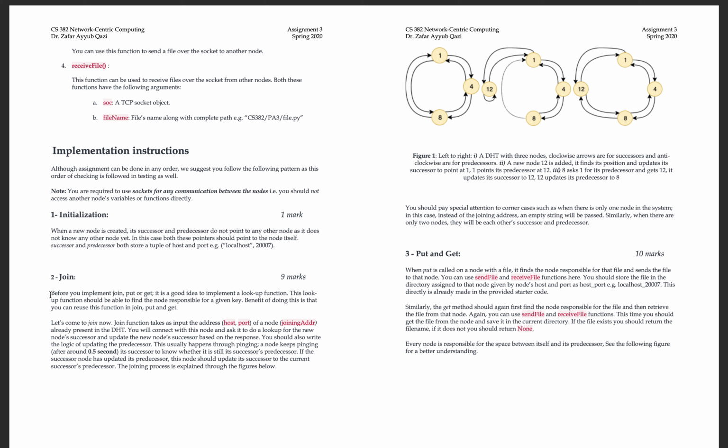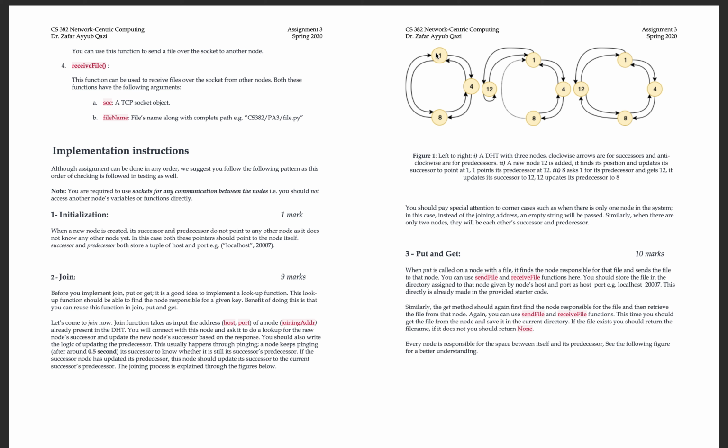So before I jump into the details of join, it would be really helpful for you to implement a lookup function, because you'll be needing that lookup function in put and get as well as join, so it will be reused again and again. So it will be a good idea to implement it first. What I mean by a lookup function is that if, let's say, I want to find where in this ring key 7 would lie, right?